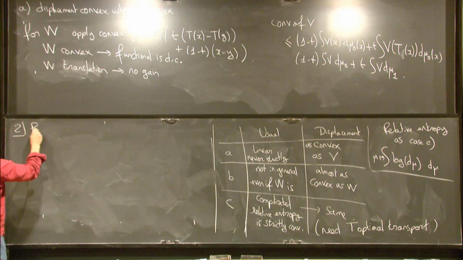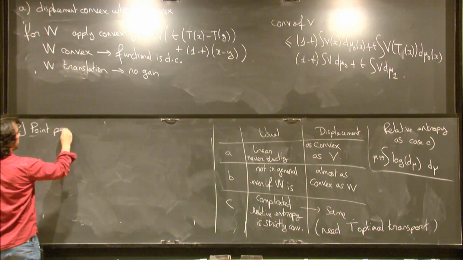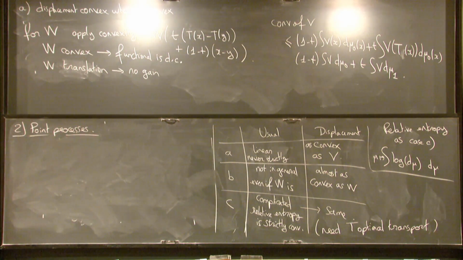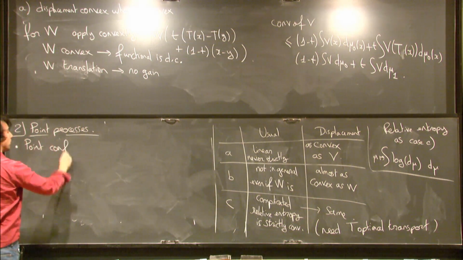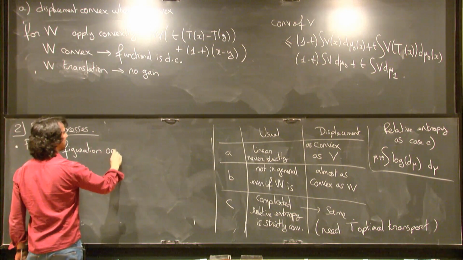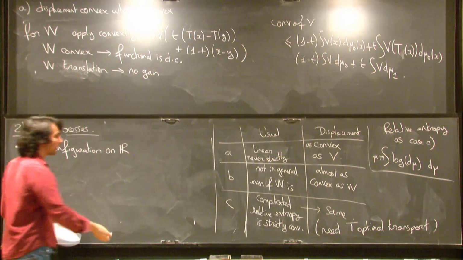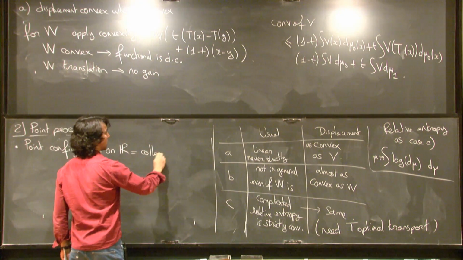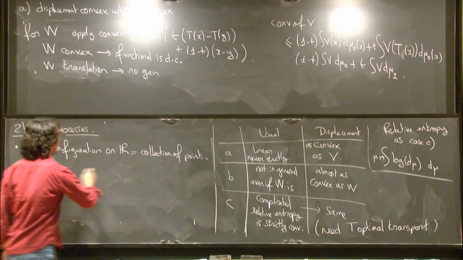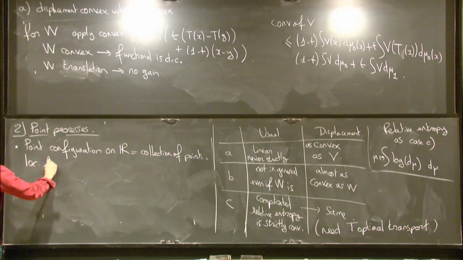And let's talk a little bit about point processes. It's just a matter of giving a couple of definitions. So the first thing to introduce is what's a point configuration? Well, let's say on R, it's just a collection of points on R. I want it to be locally finite, so there are finitely many in any compact subset.